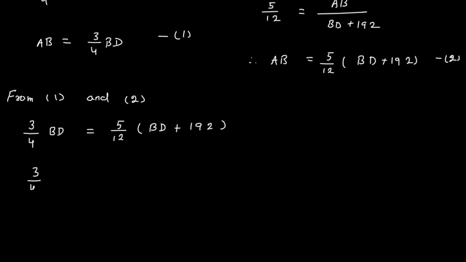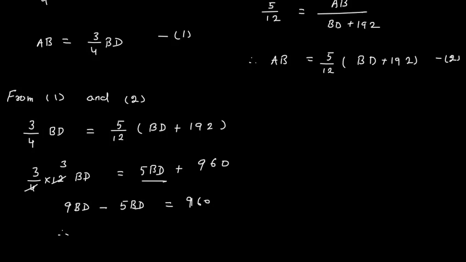So it becomes 3 divided by 4 into 12 times BD, and here it is 5 times BD plus 5 into 192. So 5 into 192 is 960. Now 4 into 1 is 4, 4 into 3 is 12, so 3 into 3 is 9, 9 times BD. This 5 times BD I will bring on the left side, so minus 5 times BD is equal to 960.